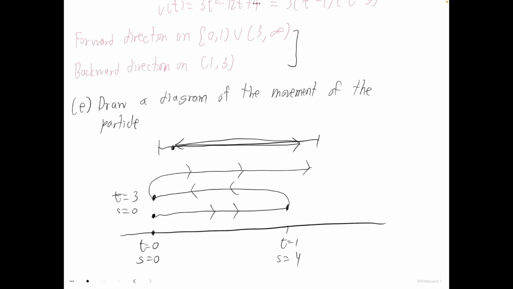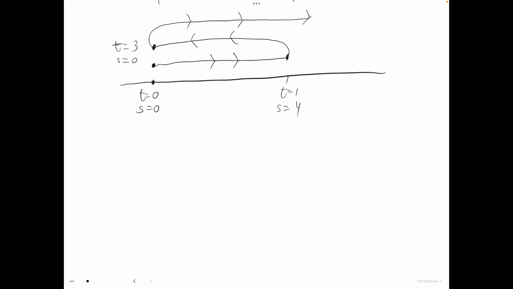So our graph looks something like this. It was moving in the positive direction from t equals 0 to 1, and then from 1 to 3, it's moving backwards. Then from 3 to infinity, it's moving forwards. So this is a diagram to show us how the particle is moving, which can be helpful in thinking through what's happening with this particle, rather than just having the overlapping paths.